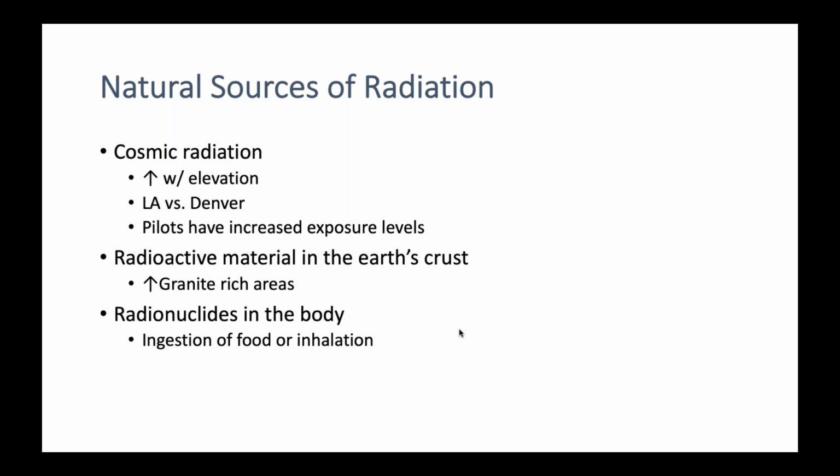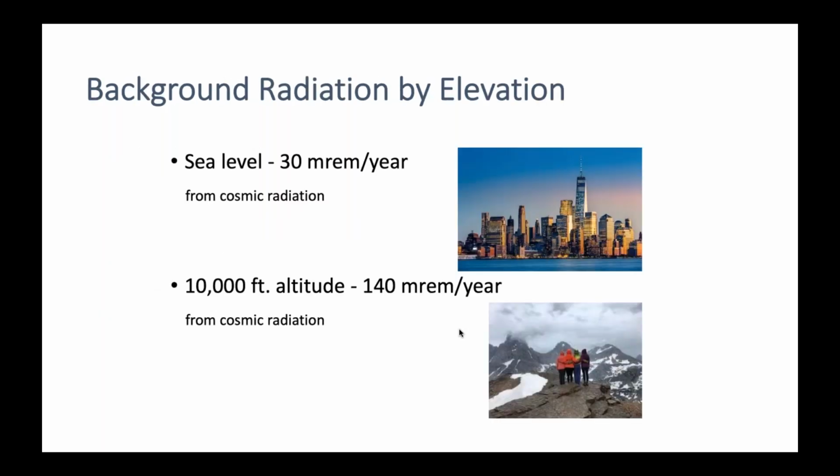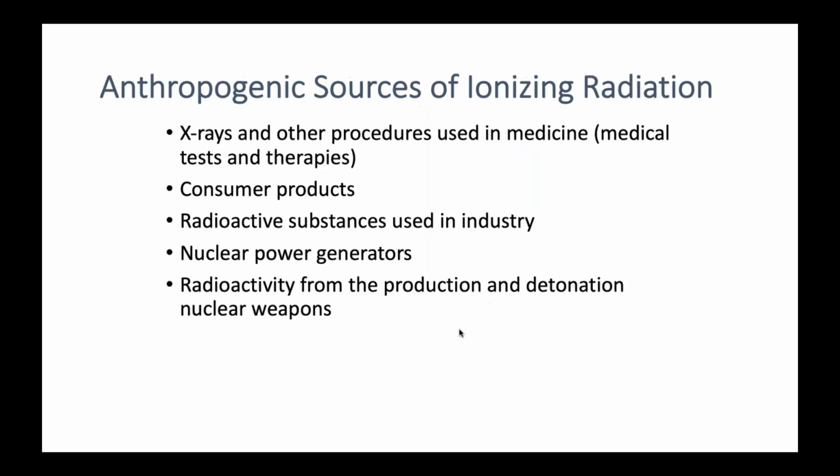Radioactive material in the Earth's crust, again, granite, is one of the radionuclides in the body from food or inhalation. Background radiation by evolution. Here's a comparison of the amount of exposure at sea level and at 10,000 feet, 140 milligrams versus 30 milligrams per year.